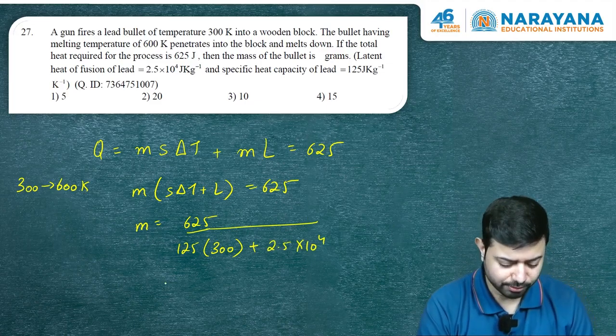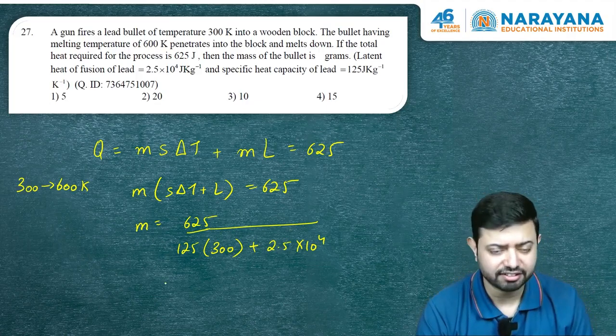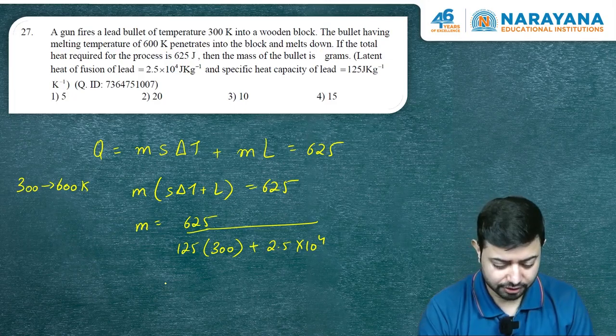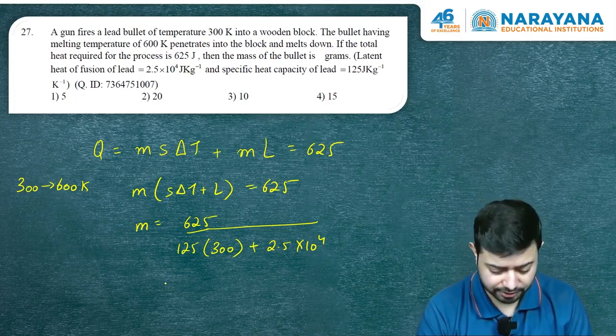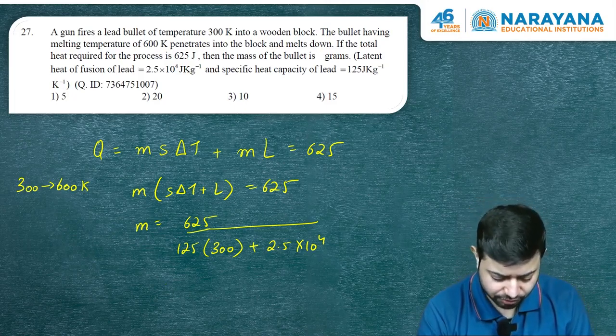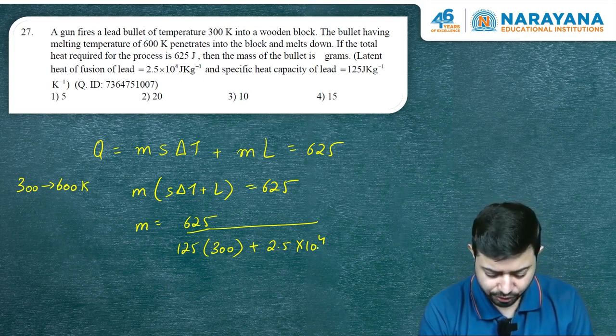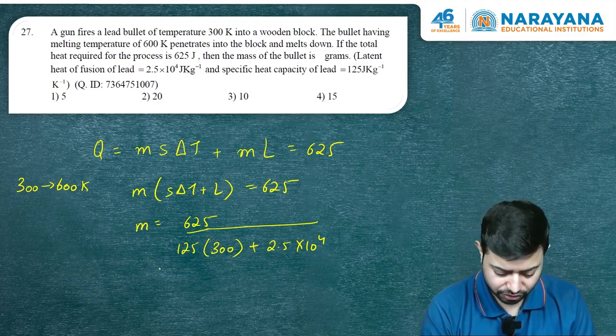Let us see how much mass is coming. Since everything here is in SI units, your answer will be in kg, and do not forget to convert it into grams. So here, 125 into 3 is 375, and this is 25 into 10 to the power 3. So this can be shortened.